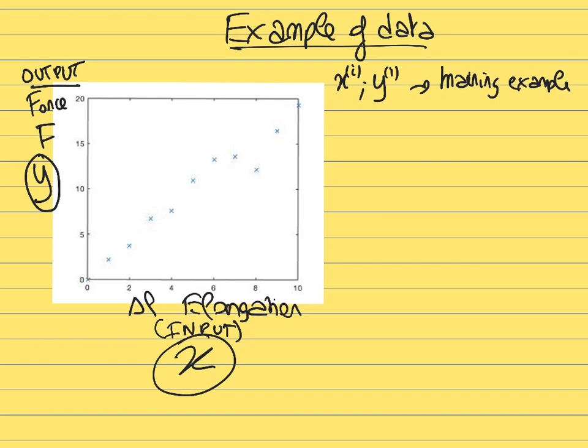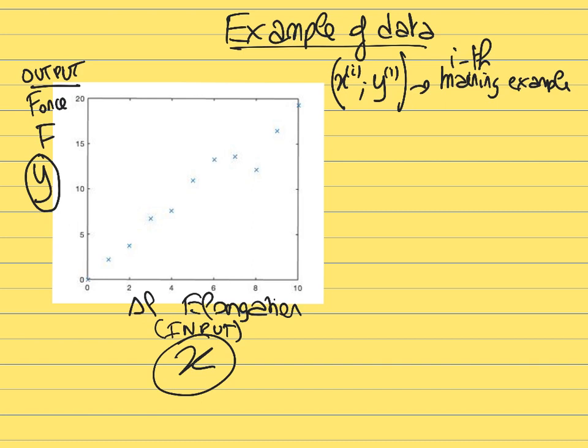This says that this is the ith training example, training example number i. And to get an example, in the case of supervised machine learning, you need both the knowledge of X and the knowledge of Y. You need both the data and the label of the data. The combined knowledge of what is Y for a given X is what we will call a training example.